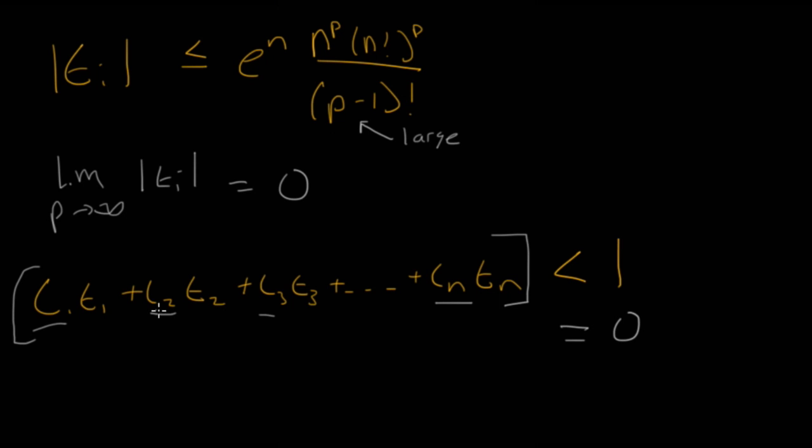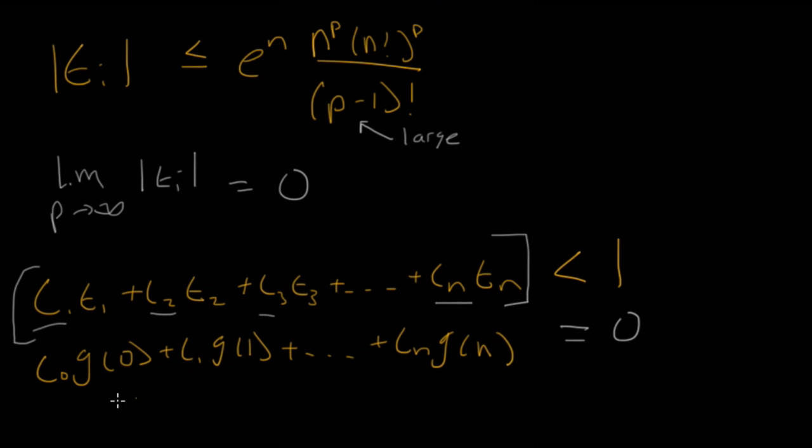And so from that, what can we conclude? What is this equal to? This is equal to c sub 0 g of 0 plus c sub 1 g of 1 plus c sub n g of n. So we can conclude that since this must be approaching 0 as p gets very large, this must also be approaching 0 as p gets very large.